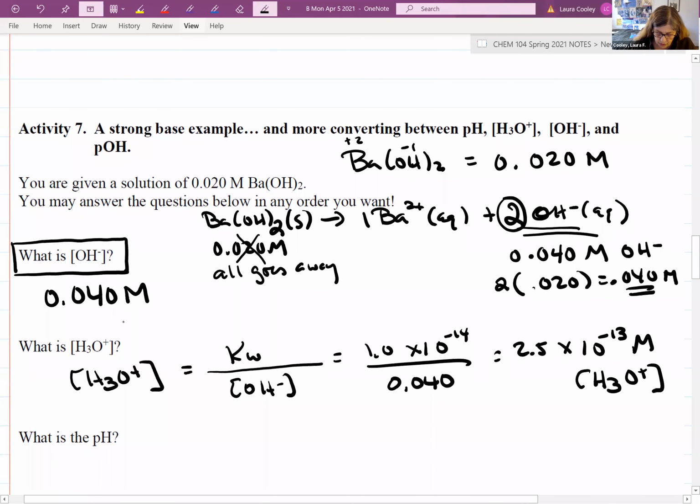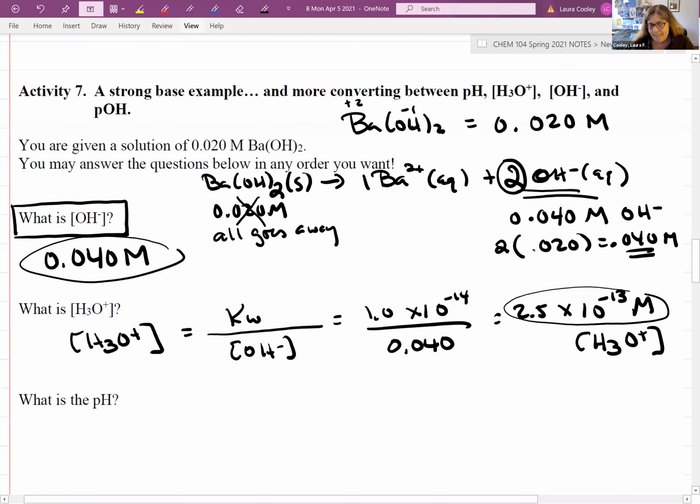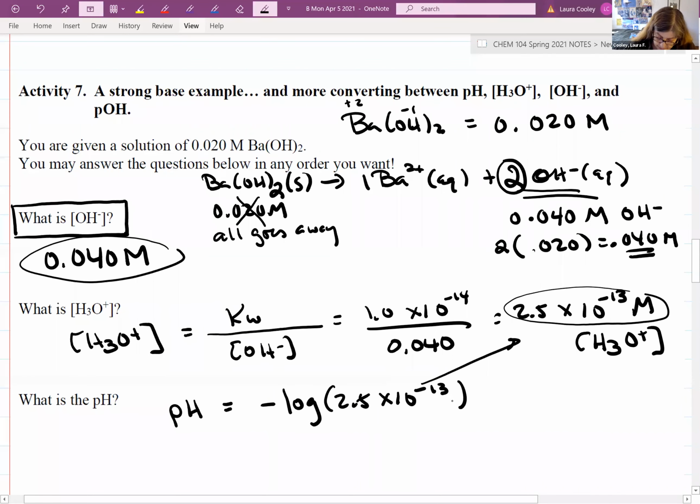So, you know, it's a very basic solution. You've got 0.04 molar of hydroxide. You're going to have a very, very tiny H3O plus concentration. And the pH is the negative log of this concentration, which is 12.60. So it's a very high pH, so it's very basic.